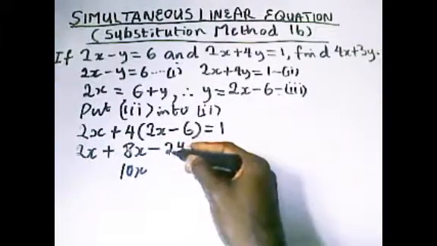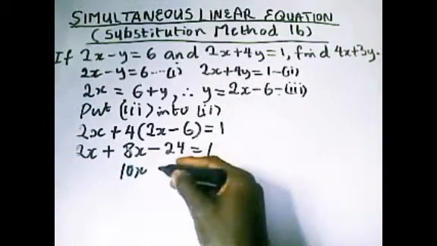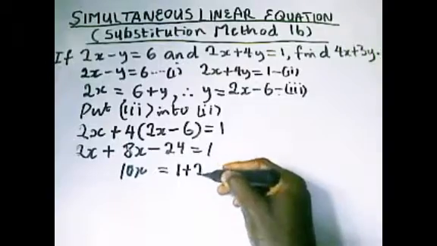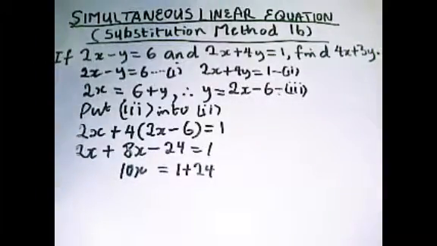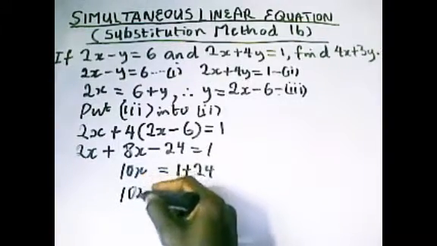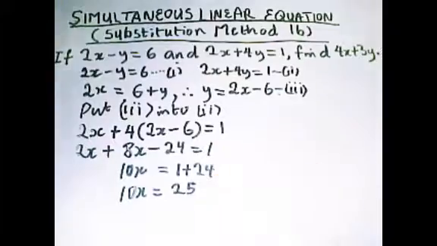Then our minus 24, we bring it to this side to become plus 24. So we are going to have 1 plus 24, which gives us 25. So eventually we have 10x equals 25. I believe you are following the steps we are using here.